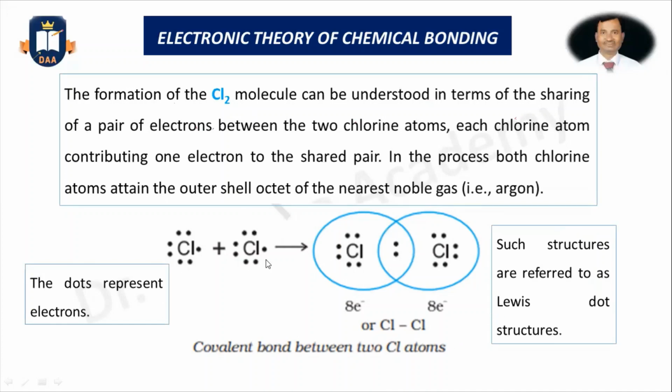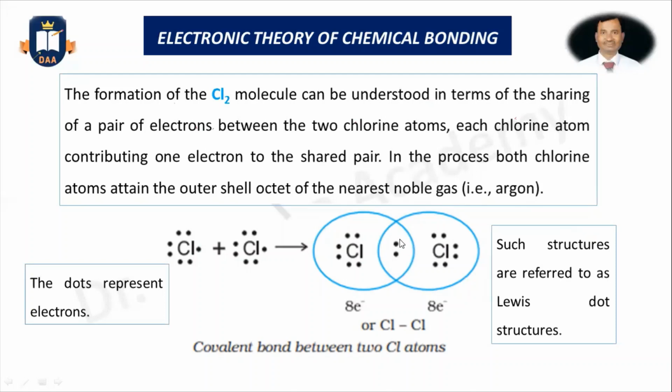You can see that this is a chlorine atom with 7 outer shell electrons, and this is another chlorine atom whose outer shell also has 7 electrons. They share 1 electron each with the other chlorine atom.